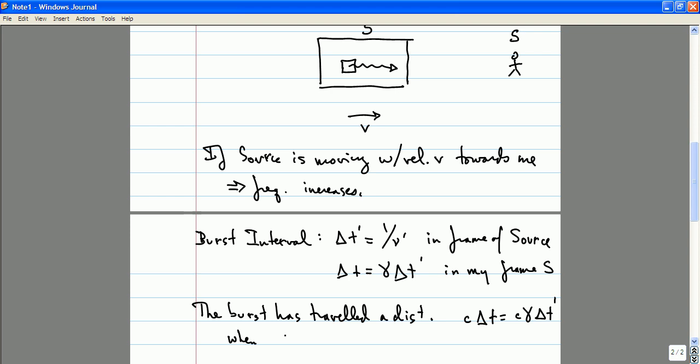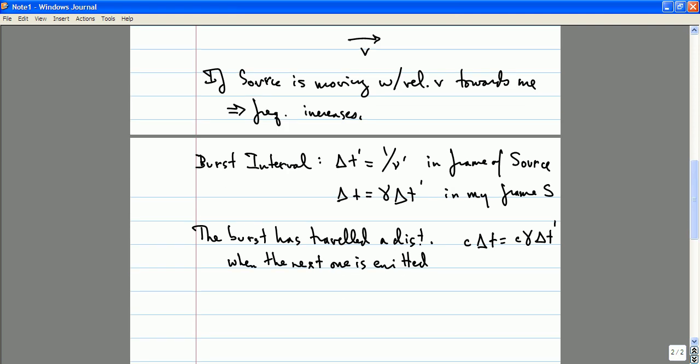And it's traveled this distance when the next one is emitted. And it's emitted from a different position as the original burst was emitted. And it's emitted from a position which is closer to me by a factor v delta t, the velocity of the source from my frame, times the time interval between the emission of the burst, or v times gamma delta t prime.